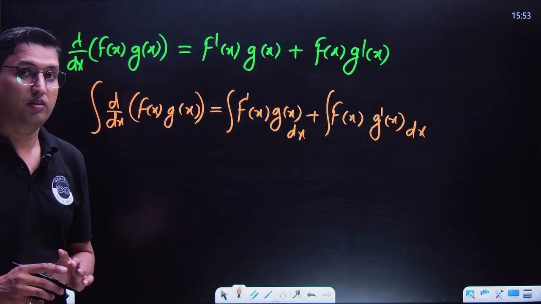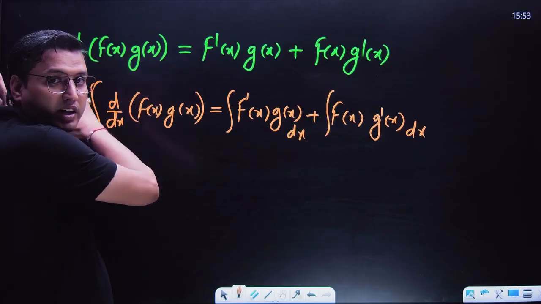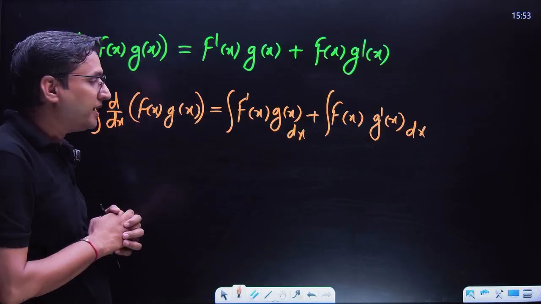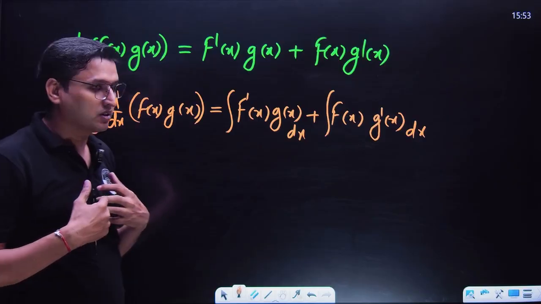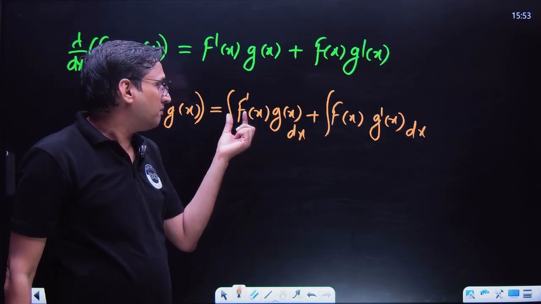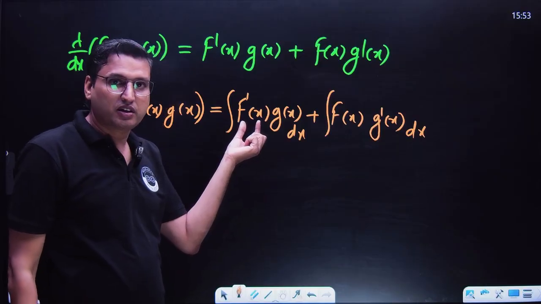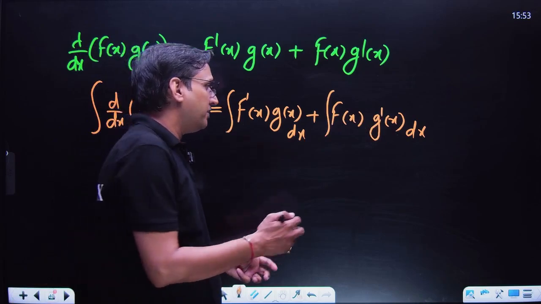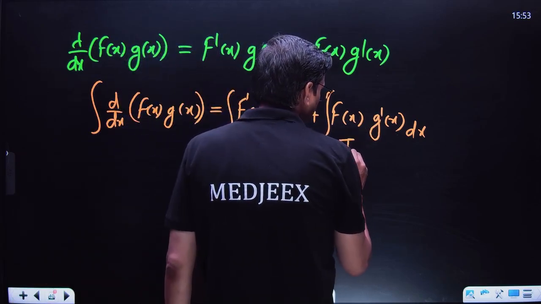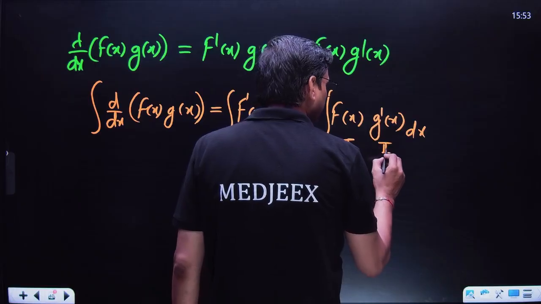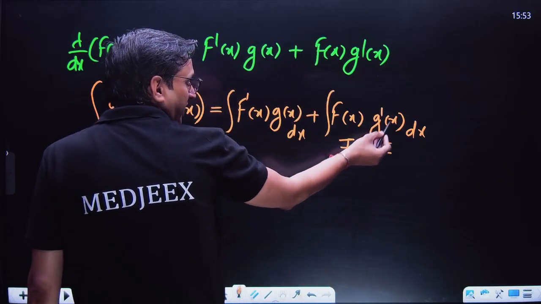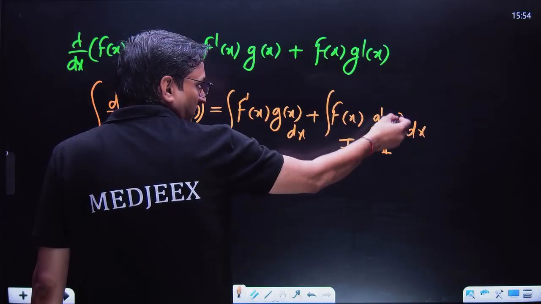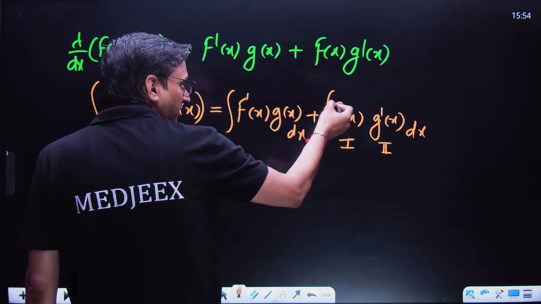Now understand, this is a totally different example from the one taken previously in the slide. If I have chosen f(x) as the differentiating part and g(x) as the integrating part, then I take f(x) as first and g'(x) as second. Means the integration will be done with this part and differentiation with this part.